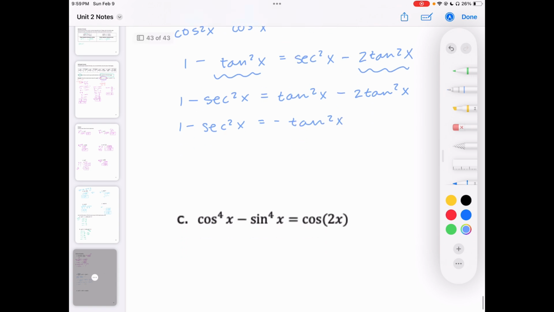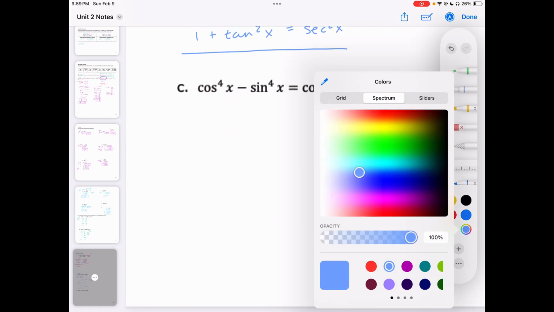That happens to be a Pythagorean identity. So that right there is verified, right? I could move it around slightly so that it matches better. So I could say 1 plus tangent squared x equals secant squared x. And that way I can really see that it's a Pythagorean identity, but either of those would be a good stopping point.